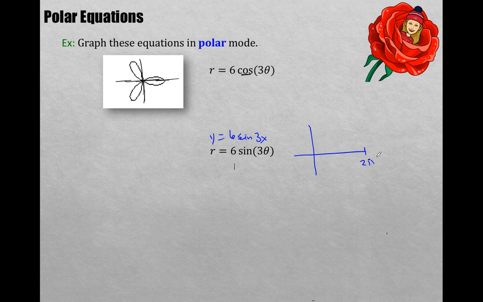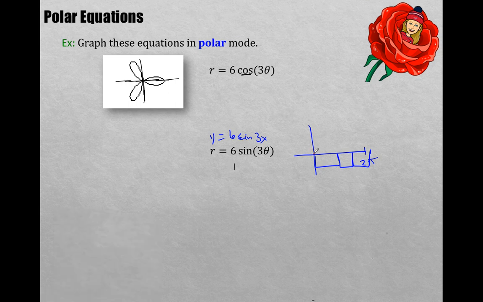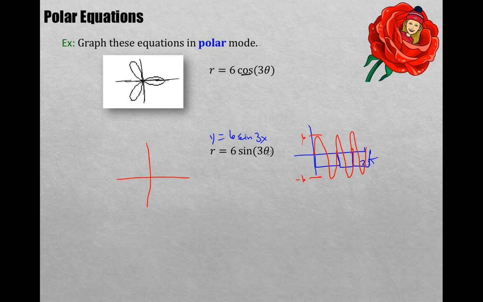In a distance of 2 pi, you've got to get 3 cycles of sine with an amplitude of 6, starting at the origin. 1, 2, 3, right? With a height of 6. So think about that in polars. What's that going to look like in polars? What is 0? Sine of, 3 times 0 is 0. Sine of 0 is 0. 0 times 6 is 0.